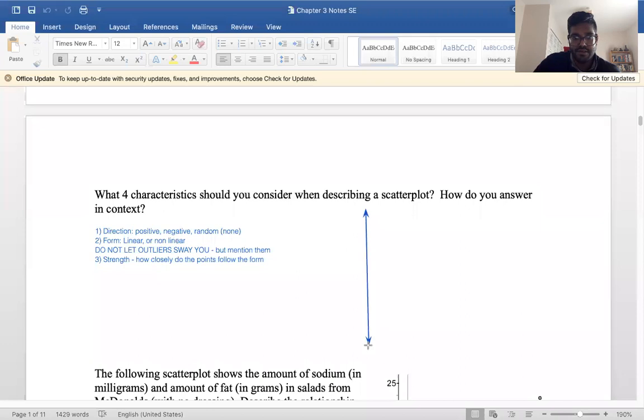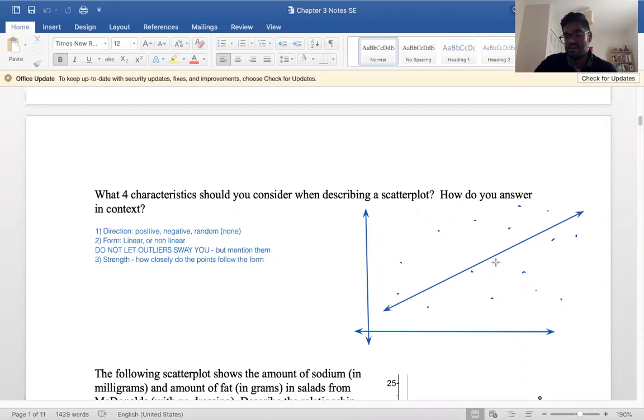Right, so here are your axes. And then we have some dots here that look somewhat positive, right? If I was going to do a line of best fit, I could do one with this, right? But this is pretty random. Okay, something like this. And you can argue that, okay, well, you could put a line of best fit kind of through here, right? Maybe something like this. Okay, so this could be a linear pattern, right? It doesn't really look like it's a parabola. It doesn't look like it's a square root function. It doesn't look exponential, right?